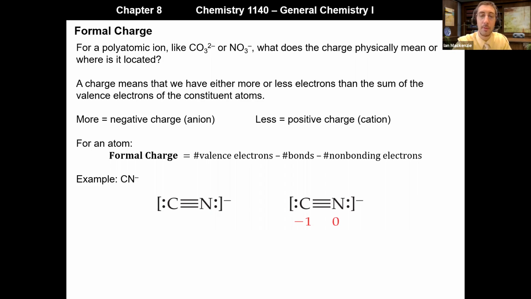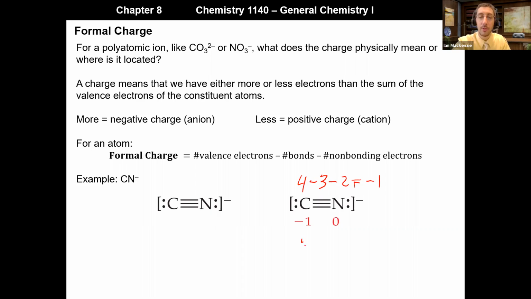Carbon's number of valence electrons is normally 4 in its atomic state, minus the number of bonds. It has 3 bonds here, a triple bond, so minus 3, minus the number of non-bonding electrons. These are the electrons in lone pairs. It has 1 lone pair, and that lone pair has 2 electrons in it. So there are 2 non-bonding electrons. So 4 minus 3 minus 2 is -1.